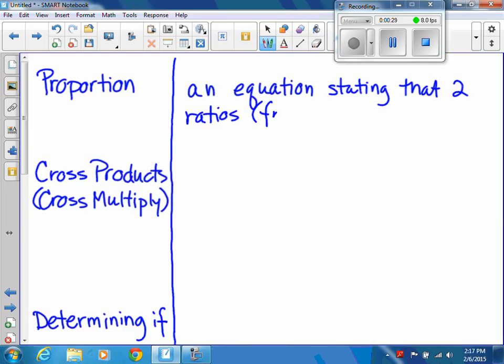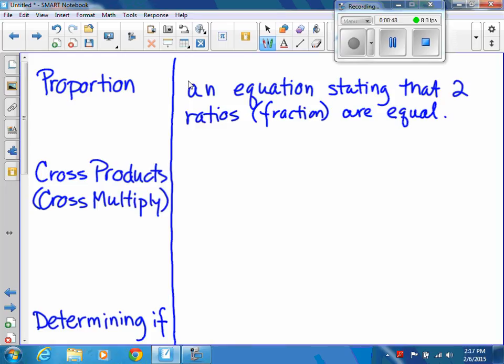Remember, a ratio is also a fraction. And again, it's an equation stating that these two different ratios, or two fractions, are equal to each other.